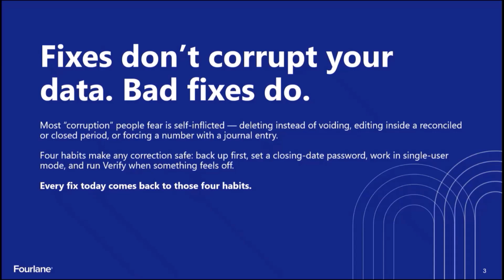There are 3 patterns that cause most of the self-inflicted damage. First, deleting a transaction instead of voiding it, which is going to erase the history and can shift balances and periods that you've already closed. Secondly, editing a transaction inside of a reconciled or closed period.